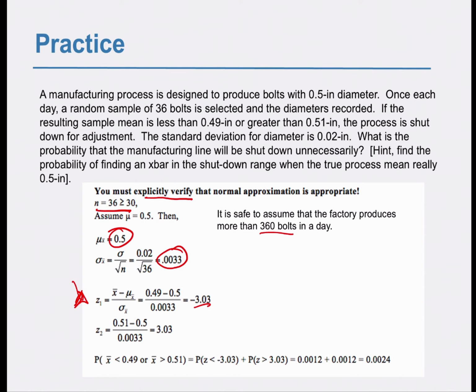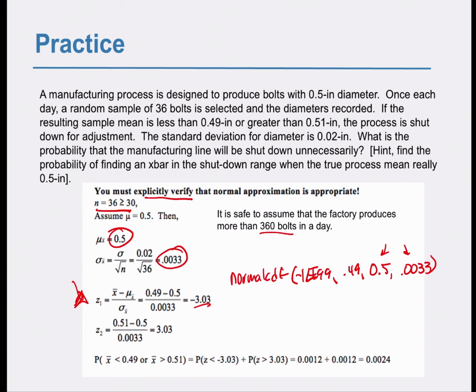But now that we've had more practice with z-scores, you can just do the normal CDF with the 1E99 and then 0.49 and put in your actual mean and actual standard deviation instead of the 0 and 1 that we did previously.